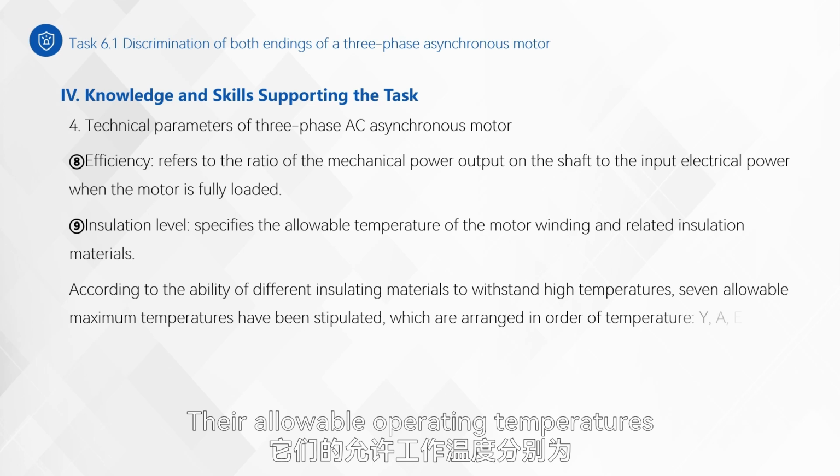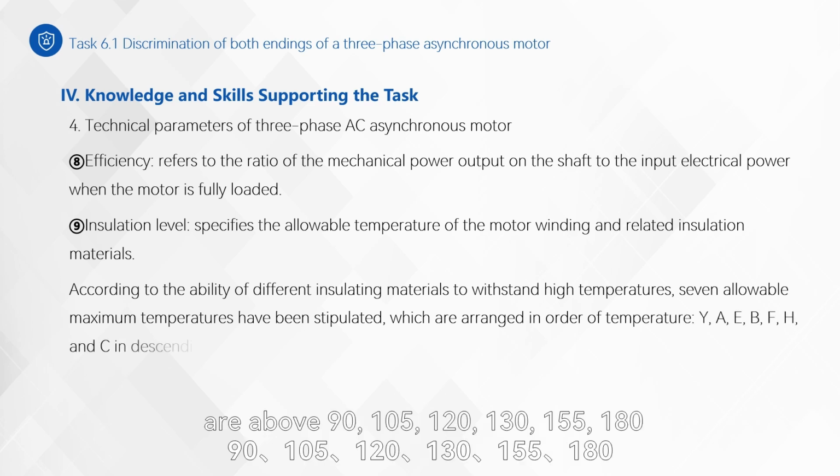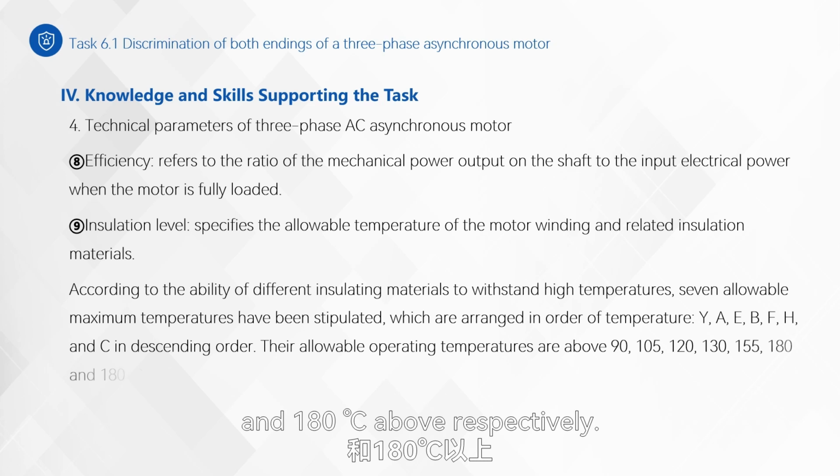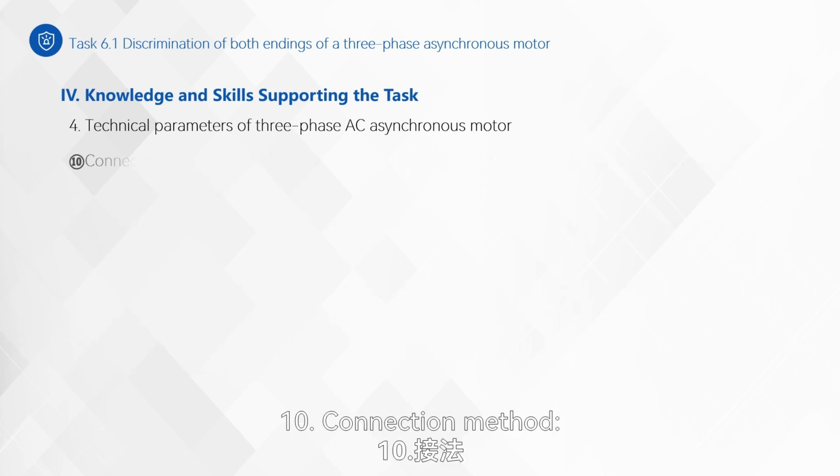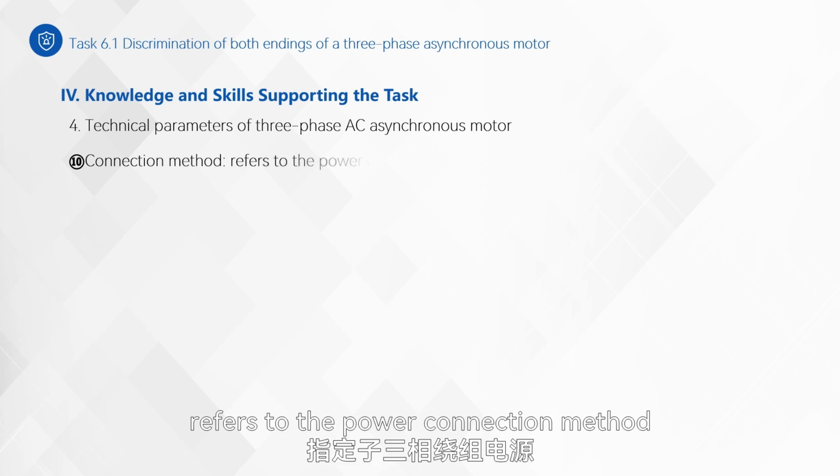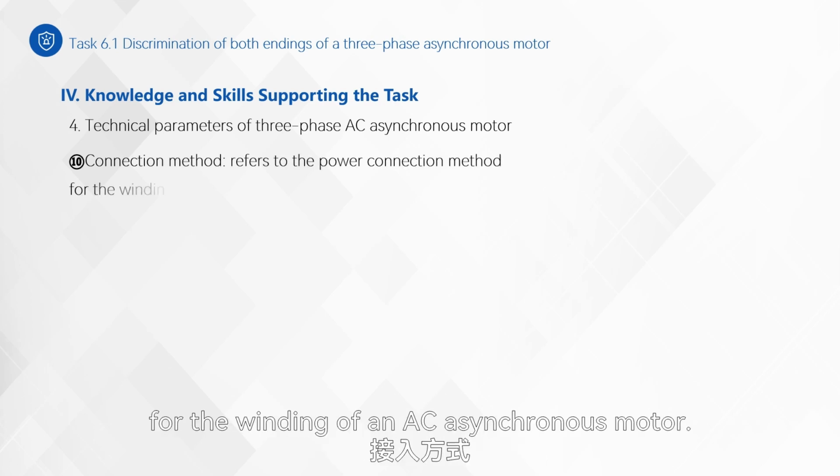Their allowable operating temperatures are above 90, 105, 120, 130, 155, 180 and 180 degrees Celsius above respectively. 10. Connection method refers to the power connection method for the winding of an AC asynchronous motor.